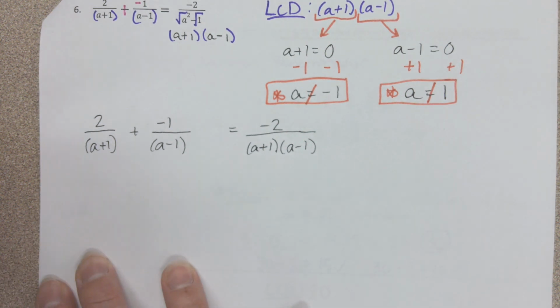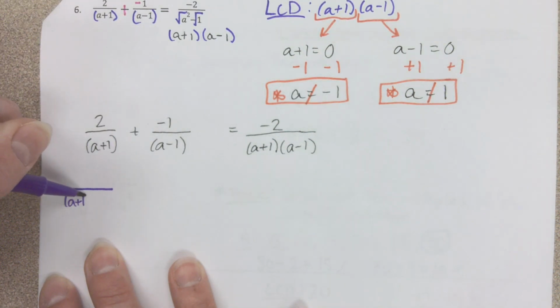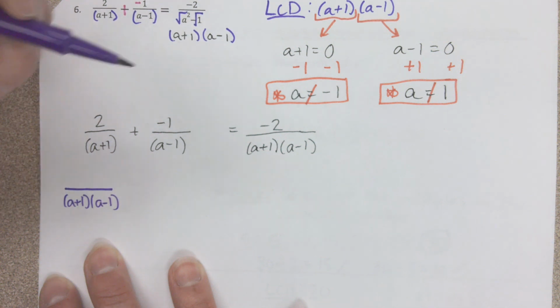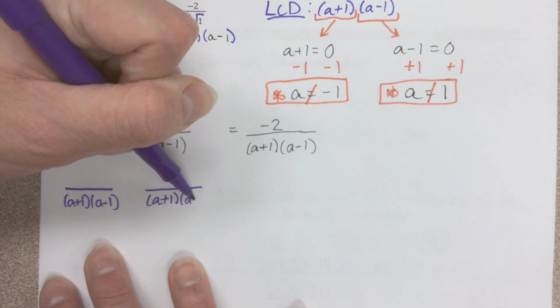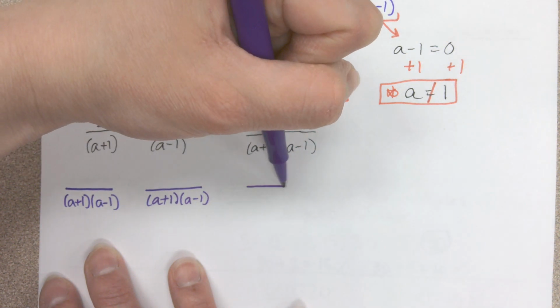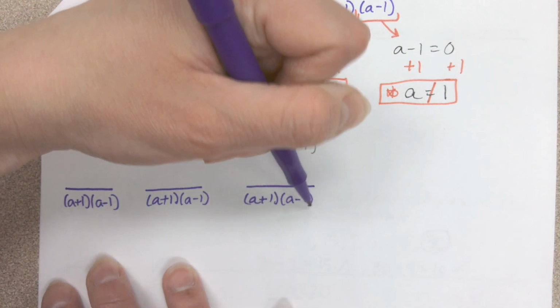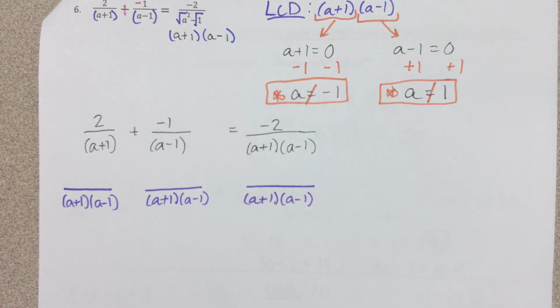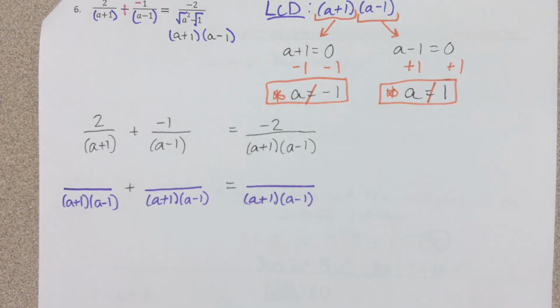I'll set up the goal fractions below. A plus 1, A minus 1 in all of the denominators. And then don't forget the plus and the equal sign.